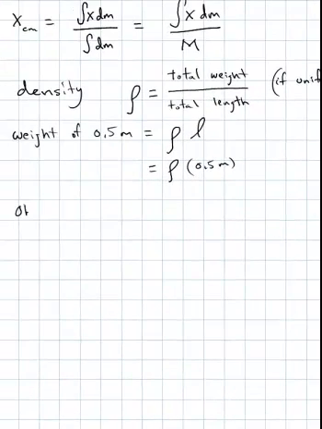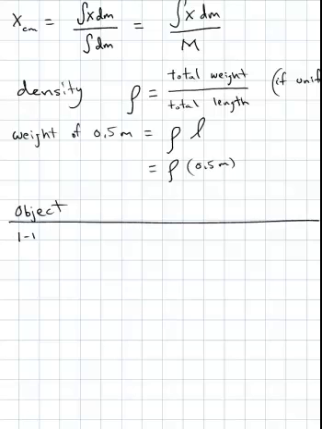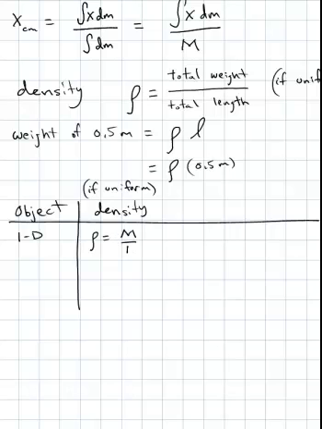So if our object is one-dimensional, like a line, then the density, and again this is if it's uniform density, will be the total mass over the total length. I'll just use capital M for total mass and capital L for total length.